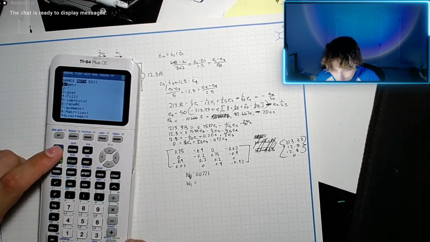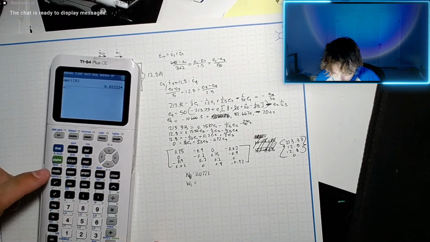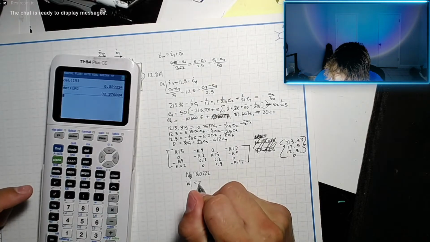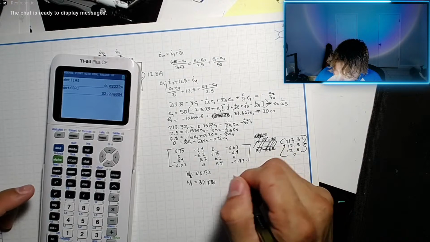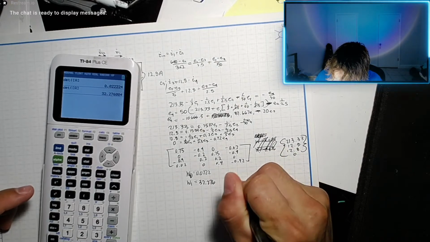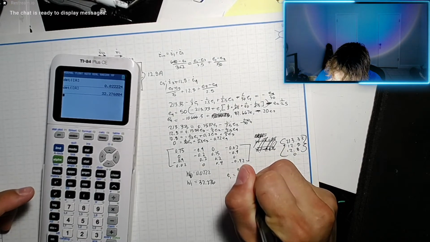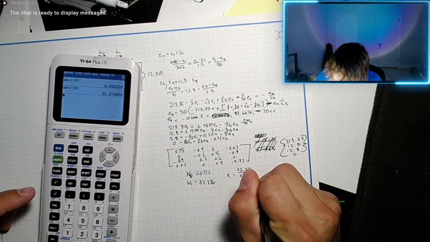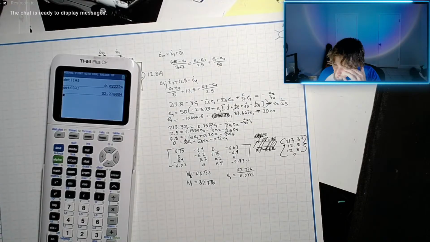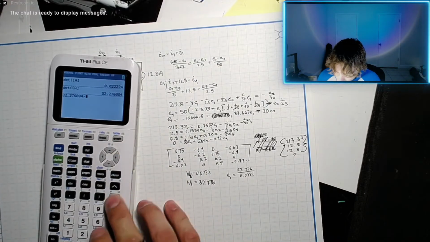Alright, the determinant of that one is 32.276. Okay, and then so E1 would equal 32.276 divided by 0.0222. It's a very high number. I think that's good though.